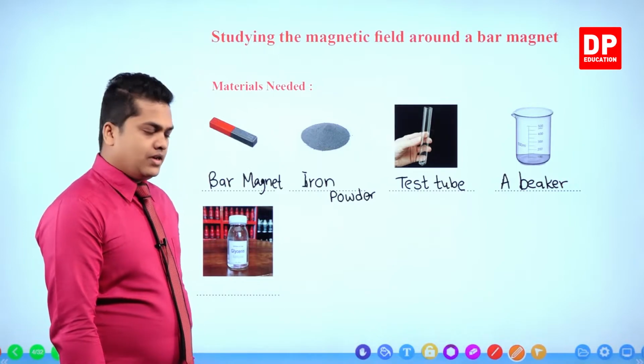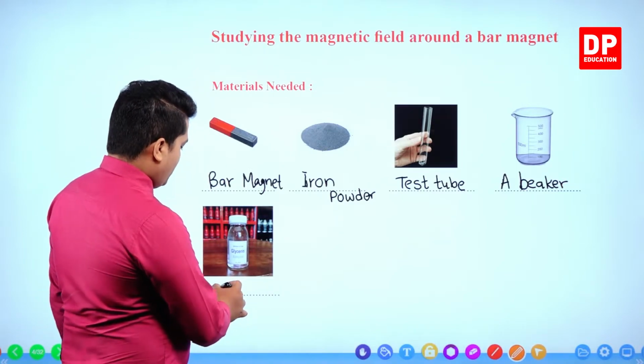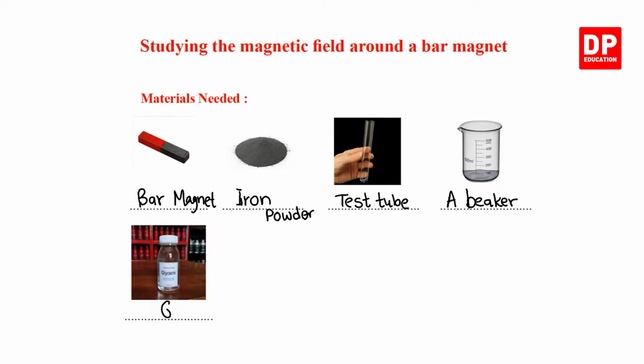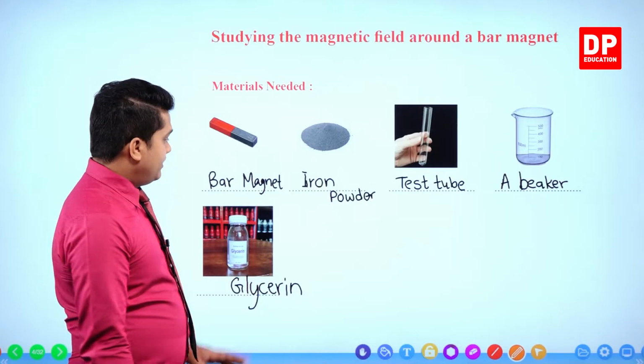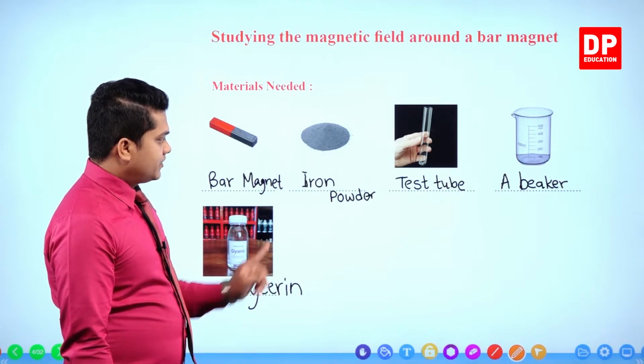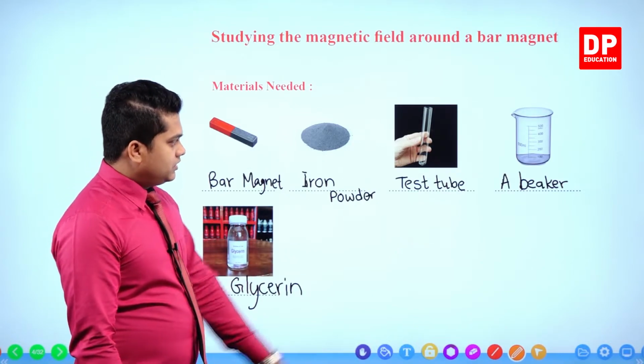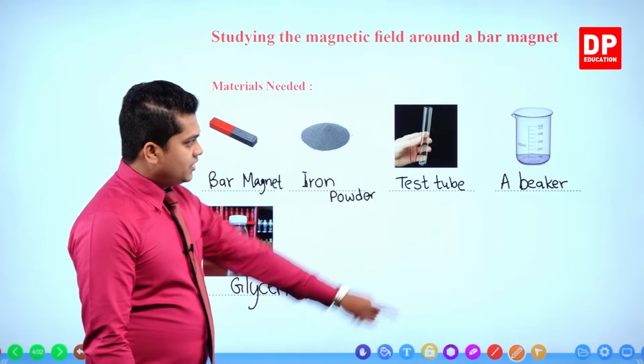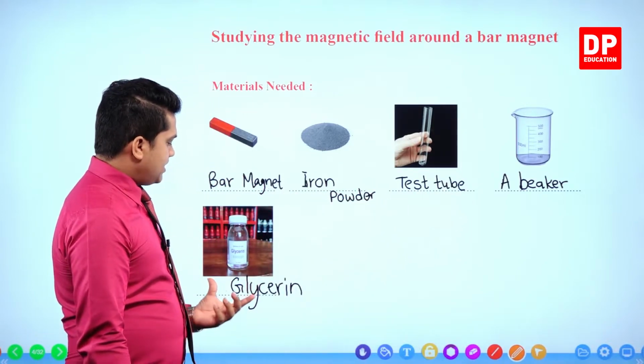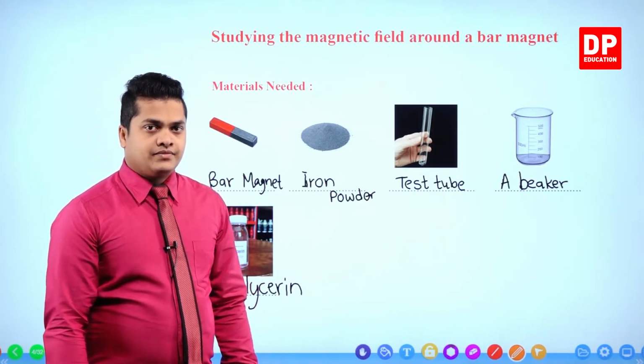So we need some amount of glycerine. These are the materials which we need: a bar magnet, iron powder, a test tube, a beaker, and some amount of glycerine, right?